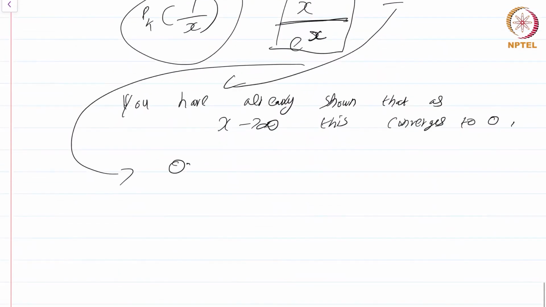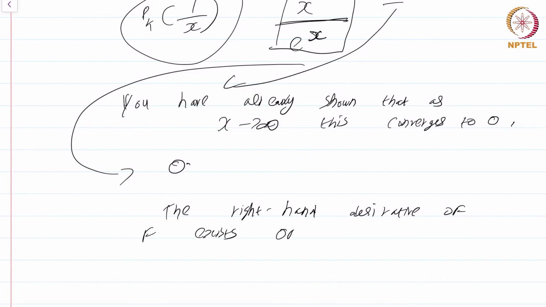The net upshot of all this is that the right hand derivative of all orders of f exists and is 0.